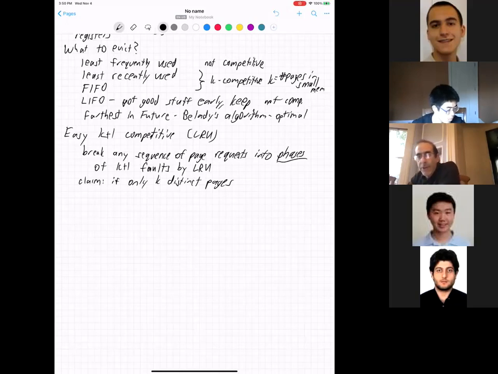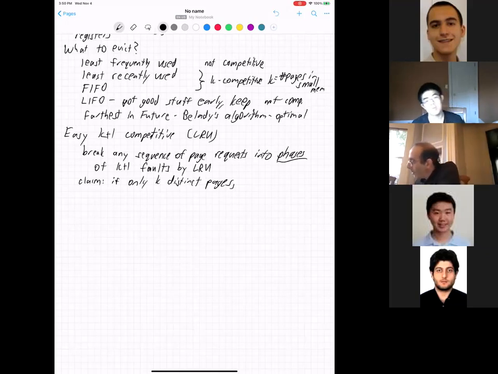How many faults can occur if there are only k pages in the phase? At most k. How come? I think it's because you'll never get rid of one of the k pages.